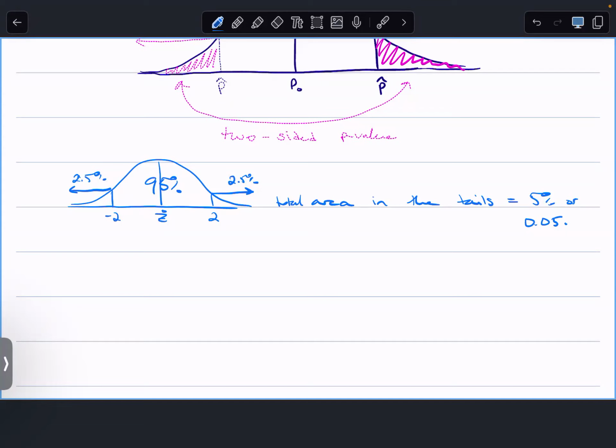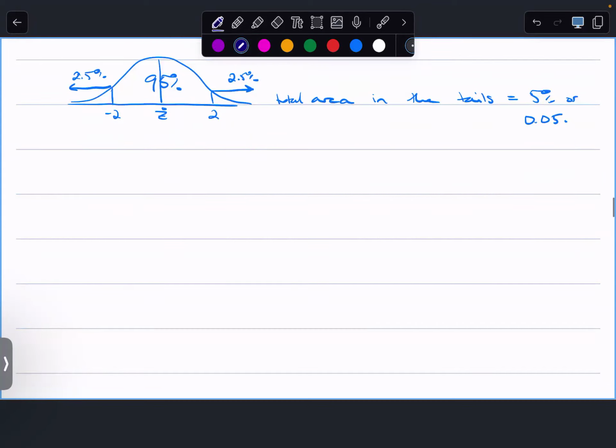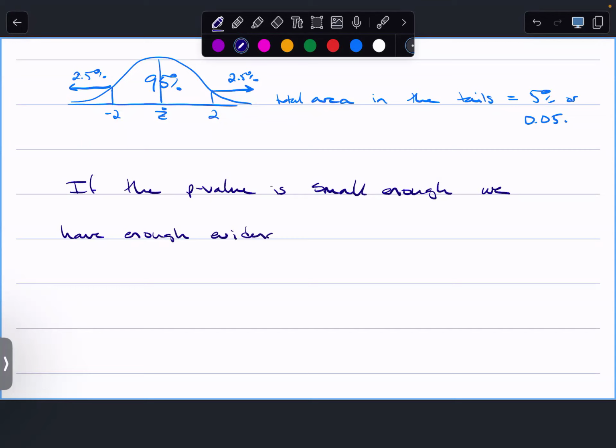Default what? If the area in the tail, so if the p-value is small enough, we have enough evidence to reject H0.